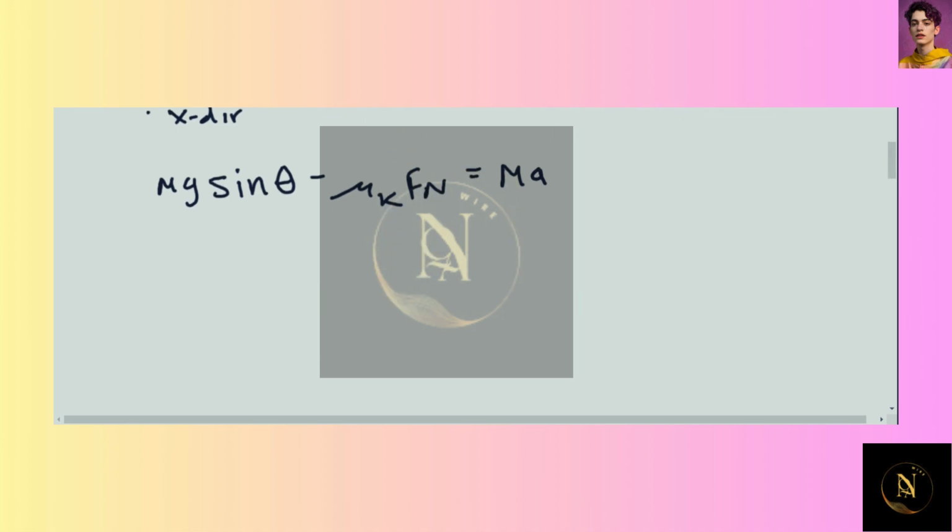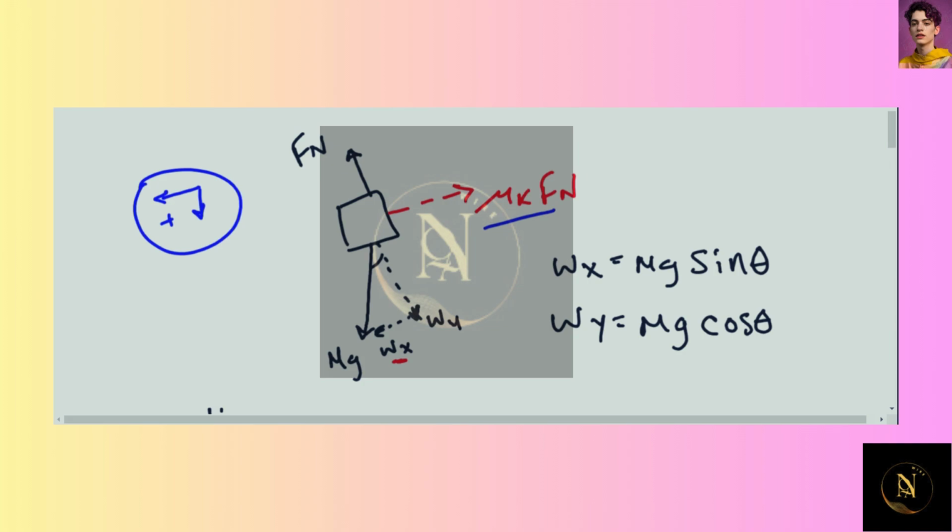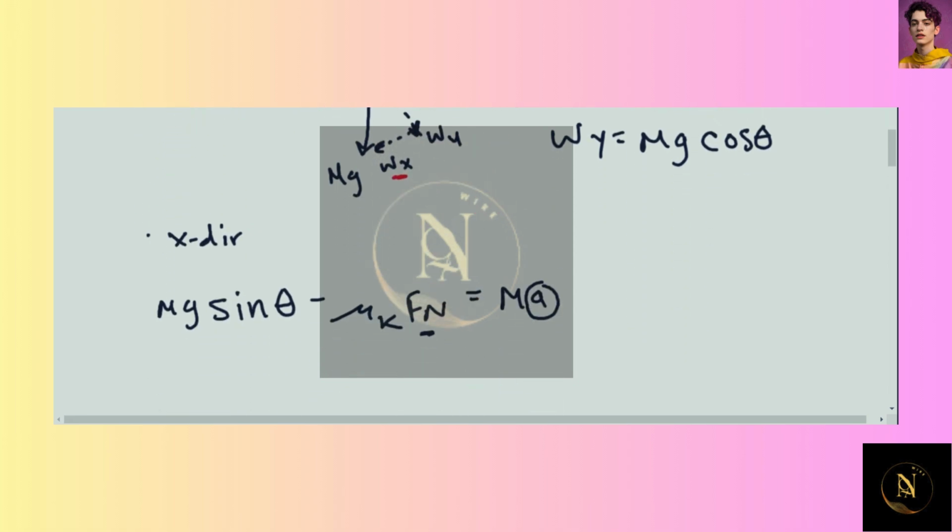From here, what we don't know is Fn, and we're trying to solve for a, the acceleration. Going back to our diagram, we see that the normal force is in the y-axis. So if we look at the forces in the y-axis, we can solve for Fn and then plug it back in to our equation.